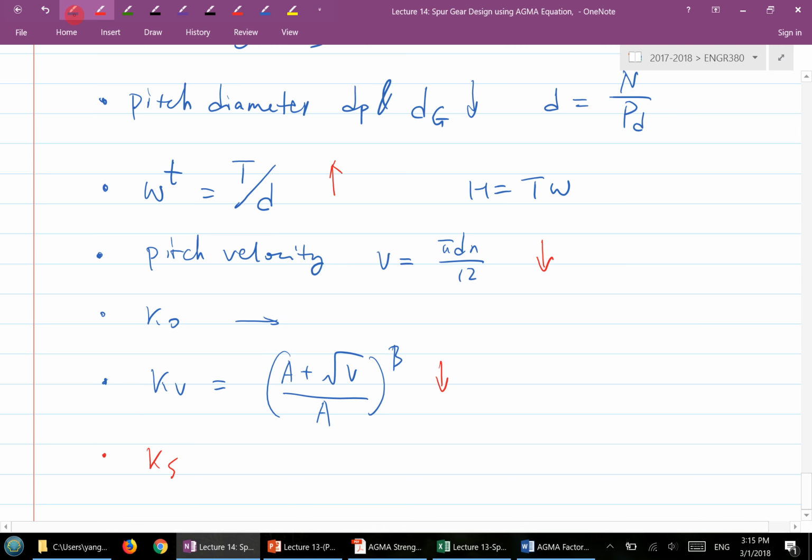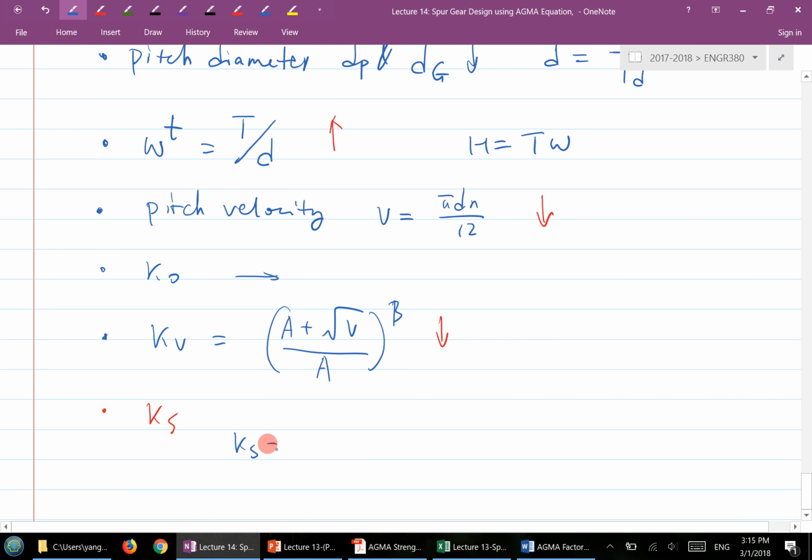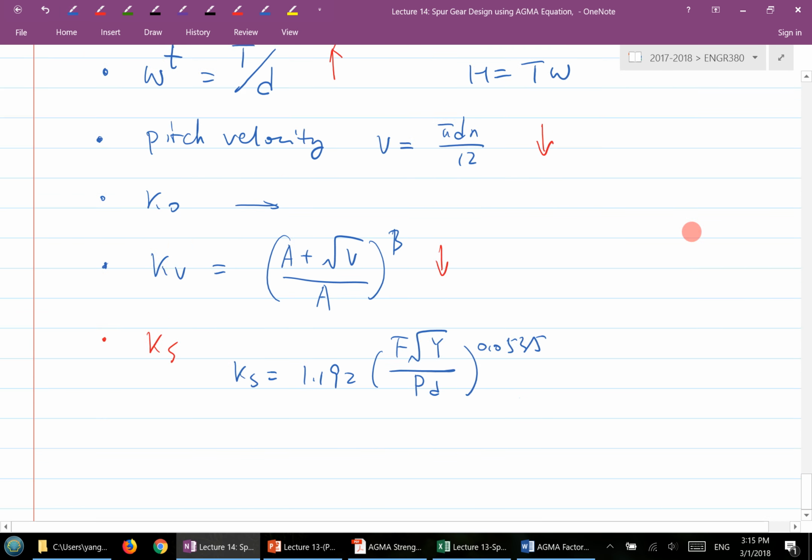KS is the size factor. If you recall, this is the formula for KS. Looking into the formula, you have a Lewis form factor Y. Y will not change if you keep the number of teeth.